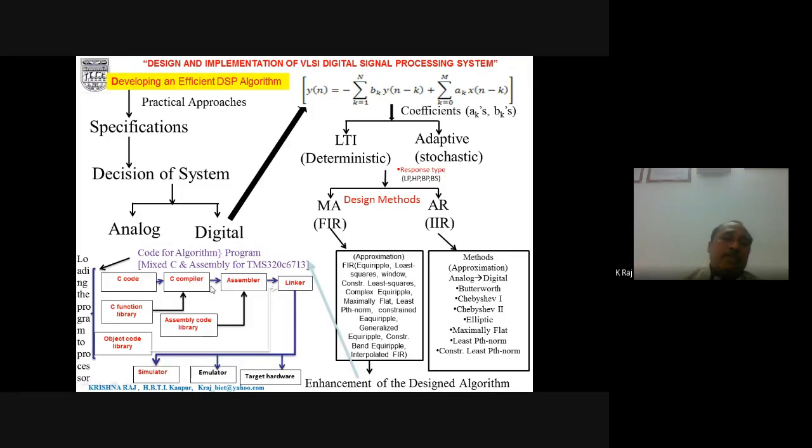The .asm file is input to the assembler, and the output of the assembler is the .obj, which is given as one of the inputs to the linker, and we get the .out or .win file that can be used for downloading to the hardware for emulation or for simulation. This is the basic approach that is used for the designing of any system.